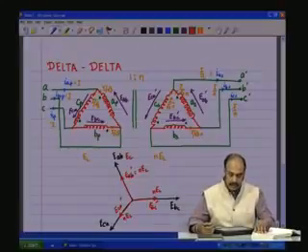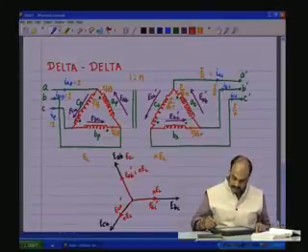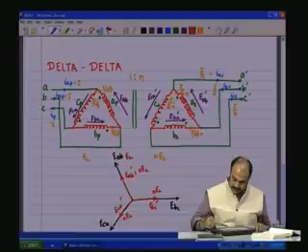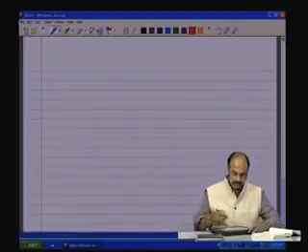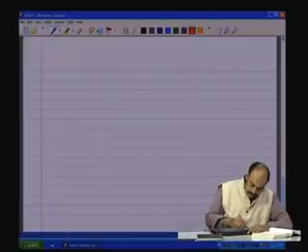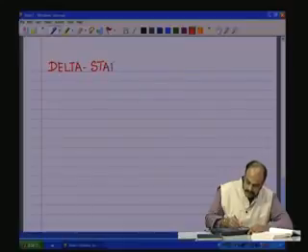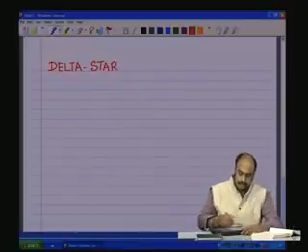Now, let us look at the delta star connection.